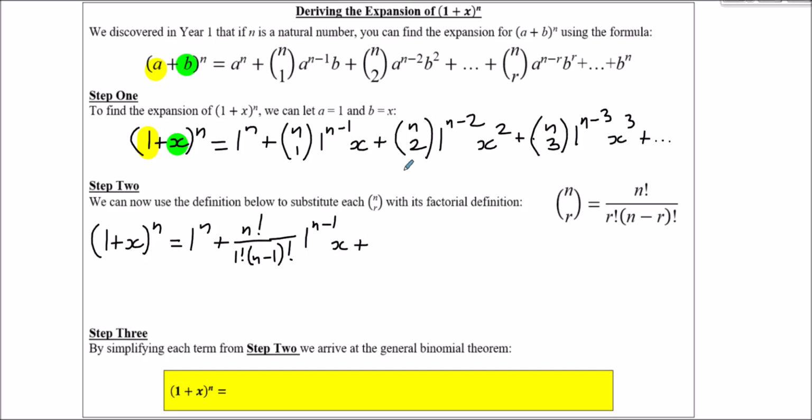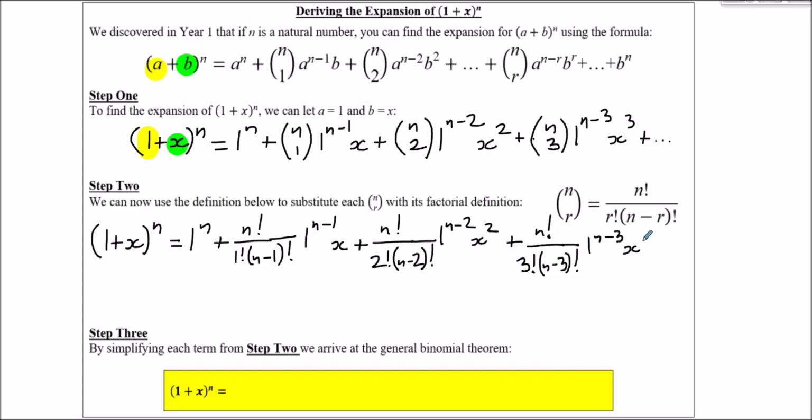And this next one, n choose 2, we can say as n factorial divided by 2 factorial brackets n minus 2 factorial, 1 to the n minus 2 x squared. And then for the cube term, n choose 3 is n factorial divided by 3 factorial brackets n minus 3 factorial. That's multiplied by 1 to the n minus 3 x cubed, and of course it keeps going and going and going.